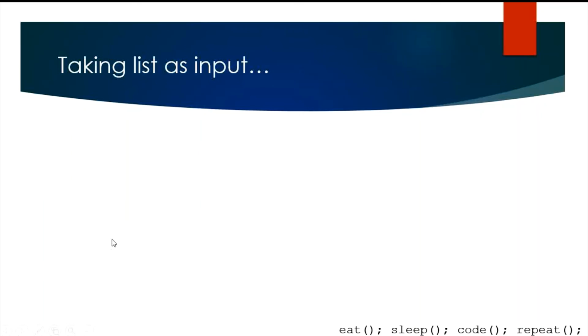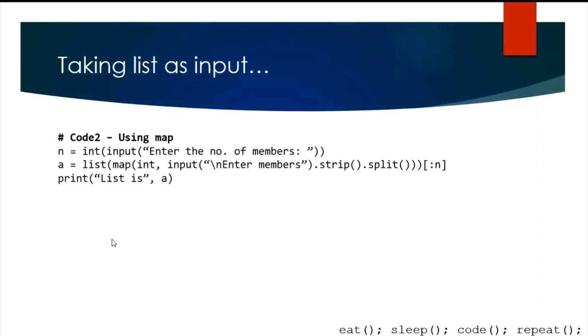Now the second approach is using map, a single line approach. Here we take an input of how many members you need, then I tell them to enter the members. I want the members in int format, and I want to map it to a list. Is that clear? Very simple.